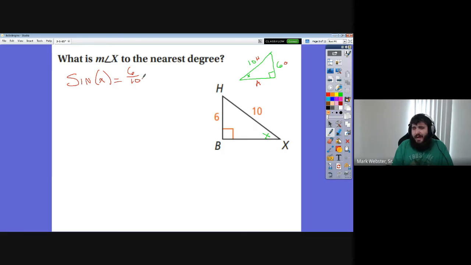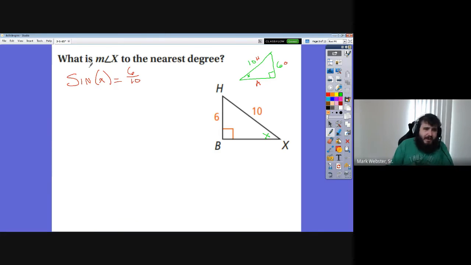Well, how do I deal with that? If only I could get x by itself. Well, we can. So basically, you know how multiplying is the same as dividing, adding is the same as subtracting, they're inverses of each other. Squaring and square rooting cancel each other out. Exponentials and logarithms cancel each other out. All those different things cancel each other out.